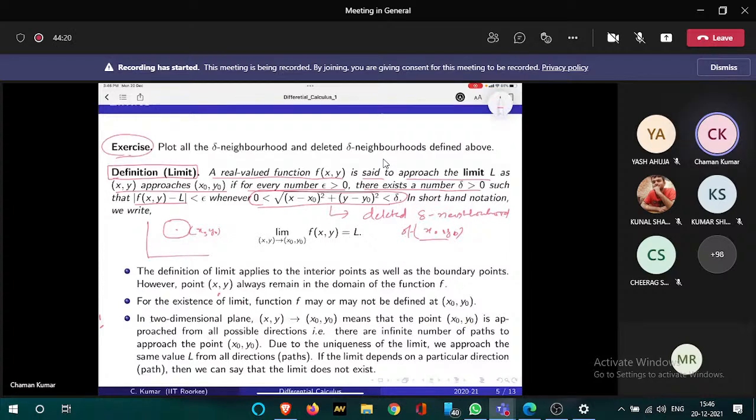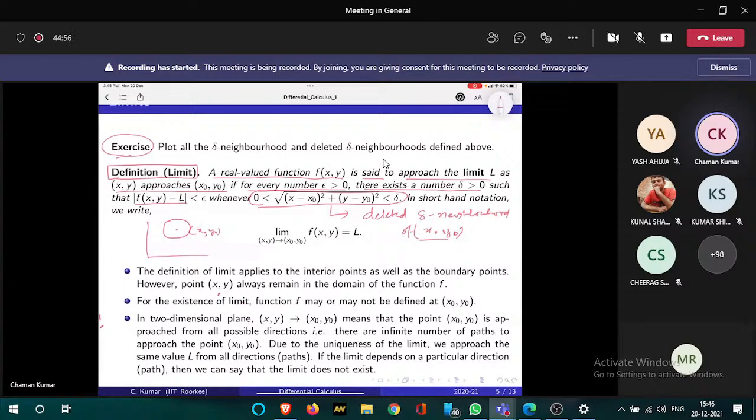In one variable also, you have already seen that even if the function is not defined at x0, we can still say that the limit of the function at x0 exists if the left and right hand limits are equal. So when you calculate the limit, you do not include the value of the function at the point x0 in the single variable case.